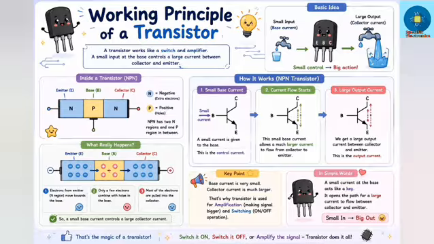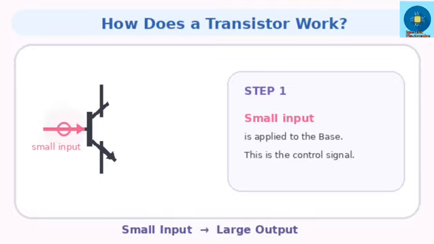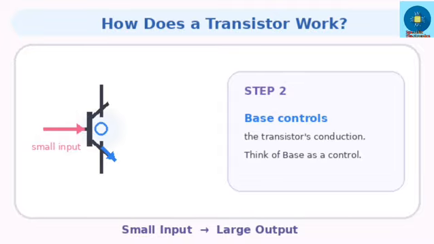Let's take an NPN transistor as an example. Inside the transistor, we have three regions: emitter, base and collector. The emitter provides the charge carriers, the base controls their movement, and the collector collects them. When we apply the proper input to the base, it allows the transistor to conduct.